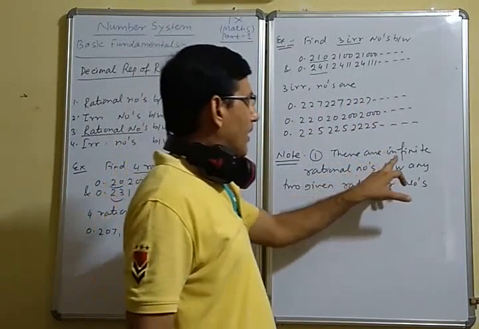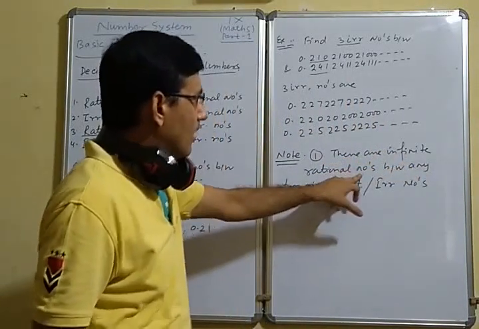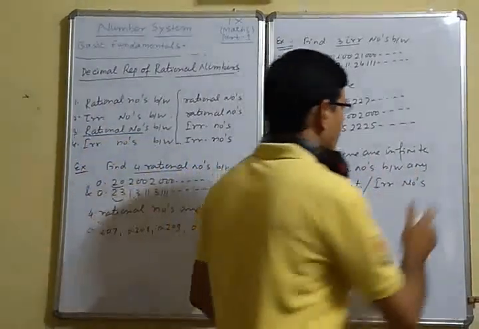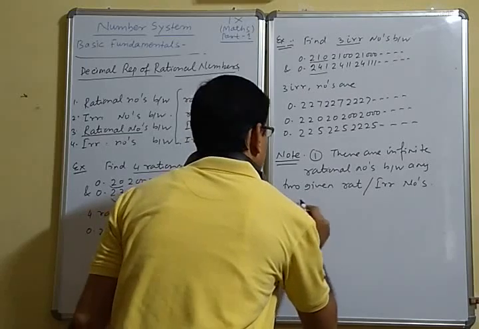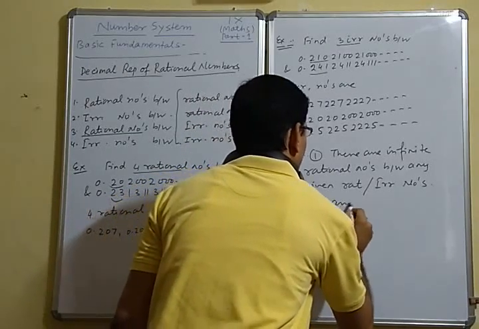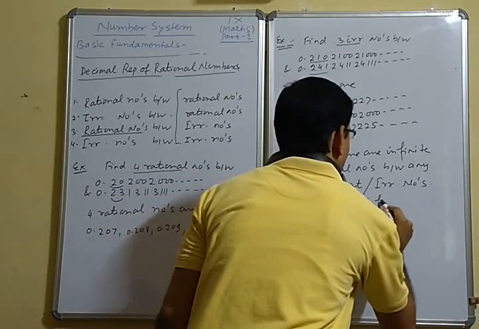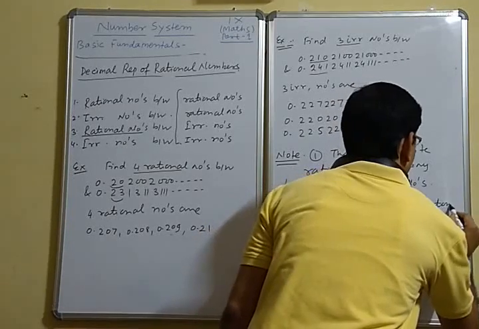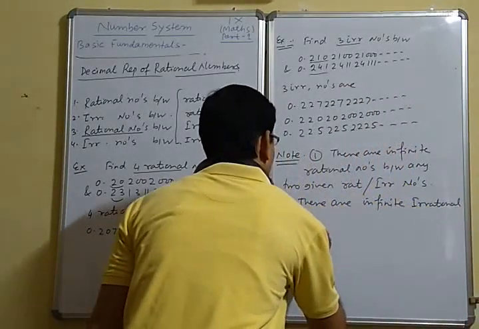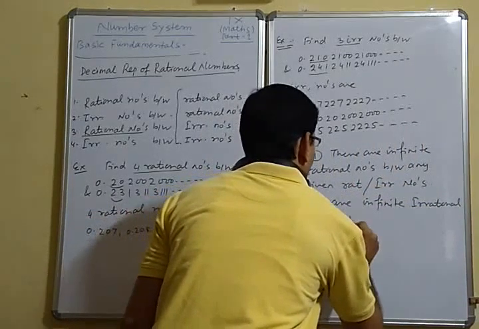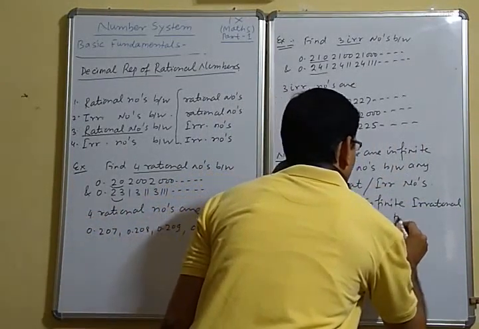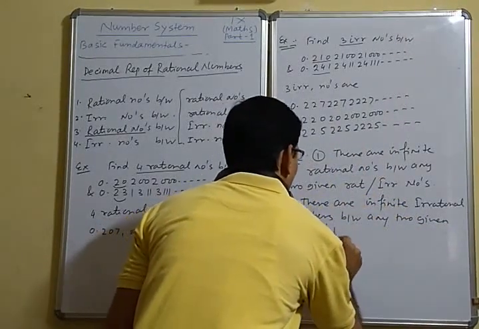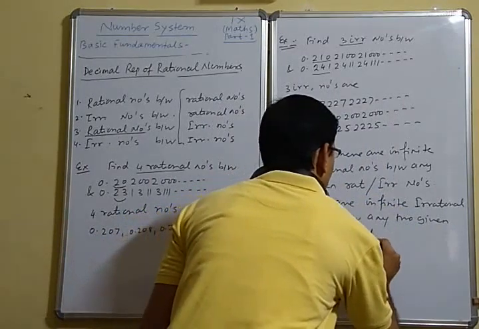Second point, there are infinite irrational numbers between any two given rational or irrational numbers.